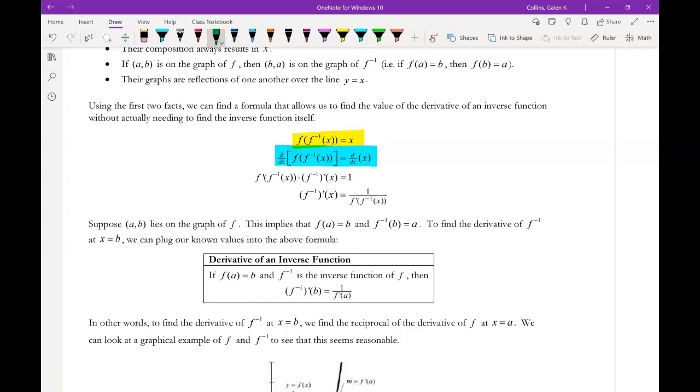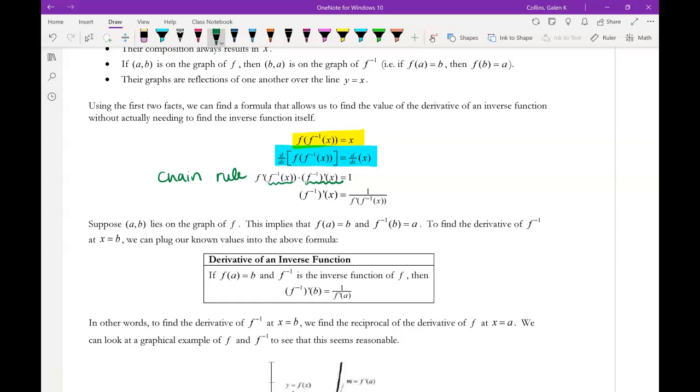And then in this third step, we are applying the chain rule. So the derivative of the outer function, which is f prime, keep the junk on the inside, times the derivative of the junk. This is how you would notate the derivative of the inverse of f of x. And then all of that is just going to equal the derivative of x on the right-hand side, which is just 1.